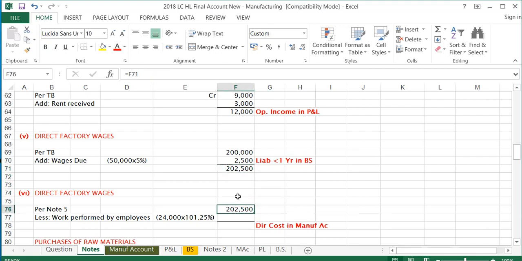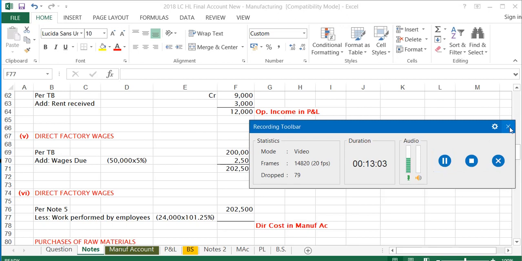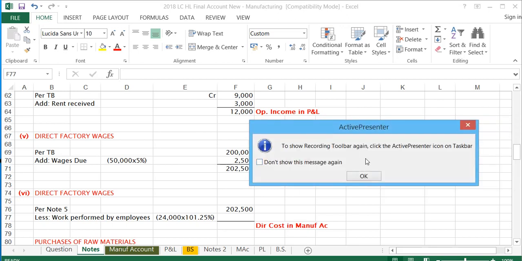So from the previous note, the direct factory wages were 202,500, and we have to take away the work performed by the employees. Now, the work performed by the employees, the 5% wage increase was for 3 months.